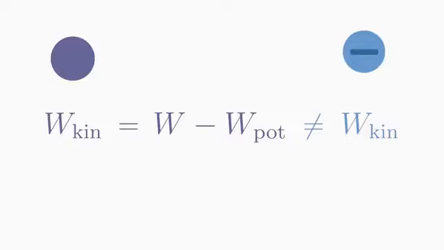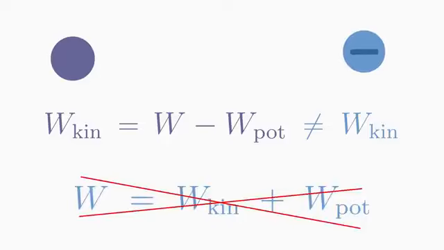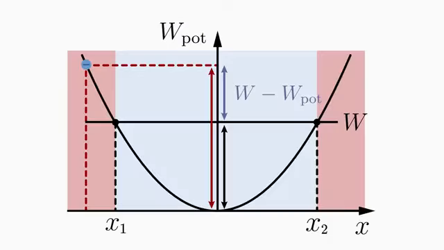In quantum mechanics, you have to get rid of the idea that a quantum mechanical particle has an exact potential and exact kinetic energy simultaneously. Because of the uncertainty principle, you cannot claim that the kinetic energy in the forbidden region becomes negative, because W minus W pot is not a kinetic energy.